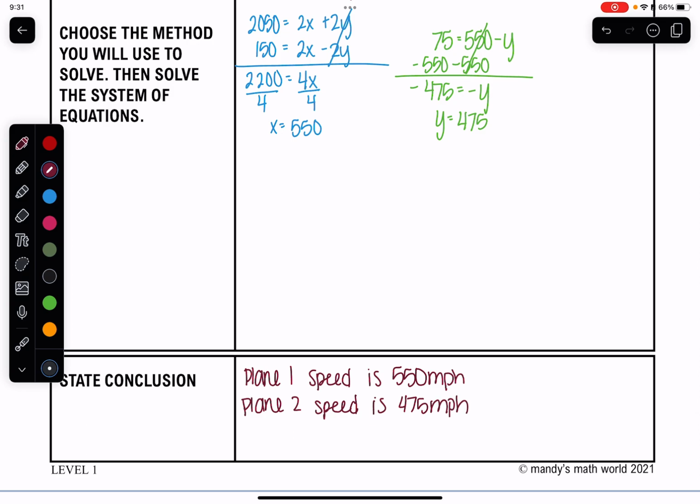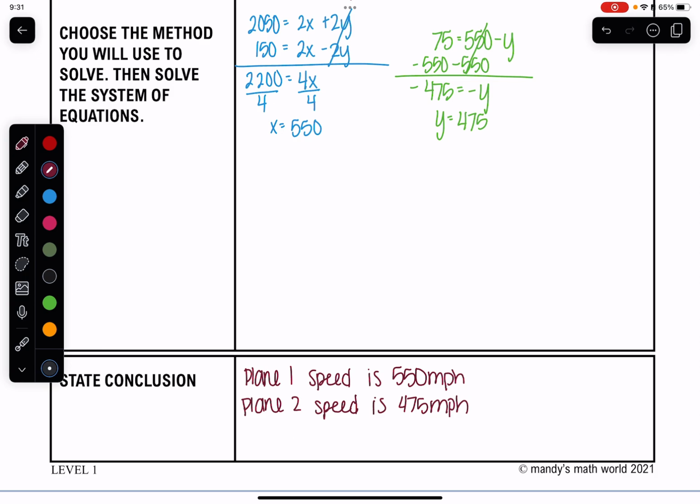We can double check ourselves. Plane 1 is the faster plane, and 550 is faster than 475. There's also a difference of 75: if I do 475 plus 75, I get 550. So I know I did this one correctly and I meet all my requirements.